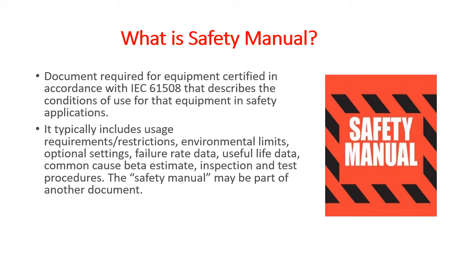We will discuss all these points in a bit more detail at a later stage, but these are terms that are basically used in the functional safety domain, and if you are unaware of these terms, there are a couple of videos in this course where you can find the definition of these items.